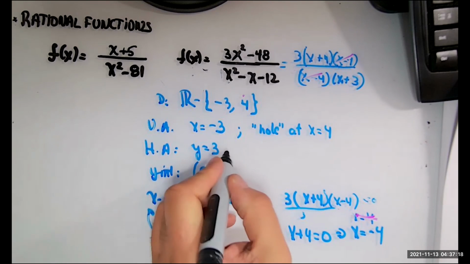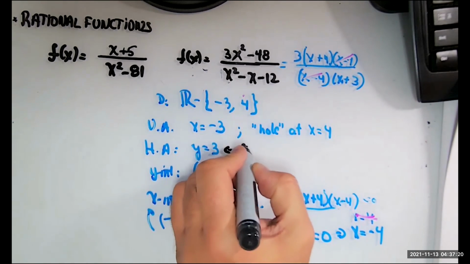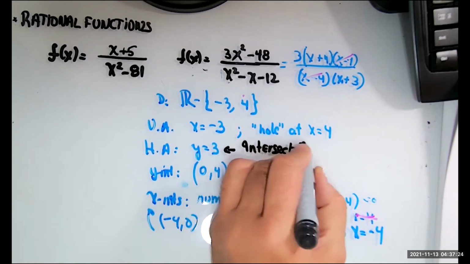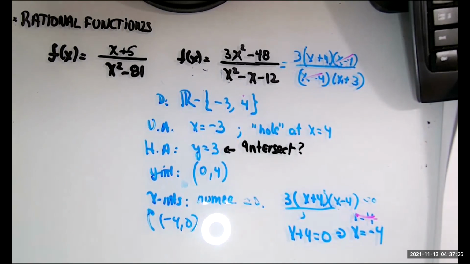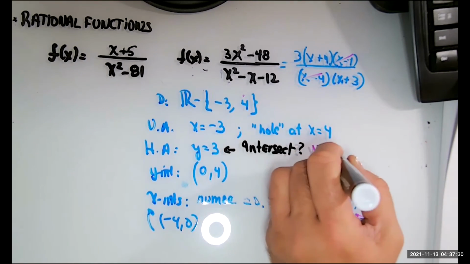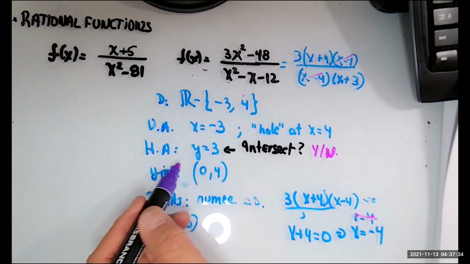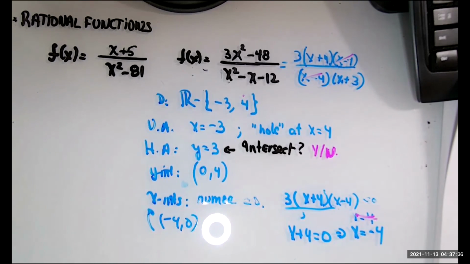So later on, we will ask ourselves, do I intersect this asymptote, yes or no? So we need to answer this yes-no question. Do we intersect the horizontal asymptote, yes or no? Vertical asymptote, we don't have to worry about it.